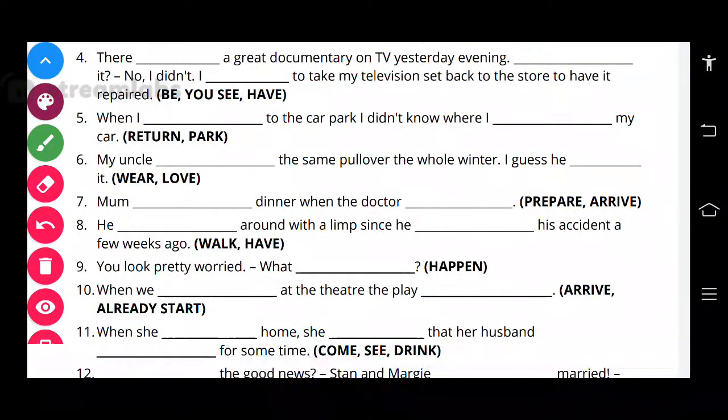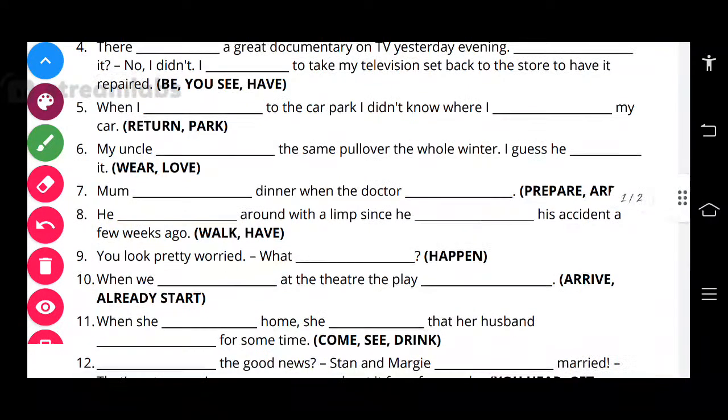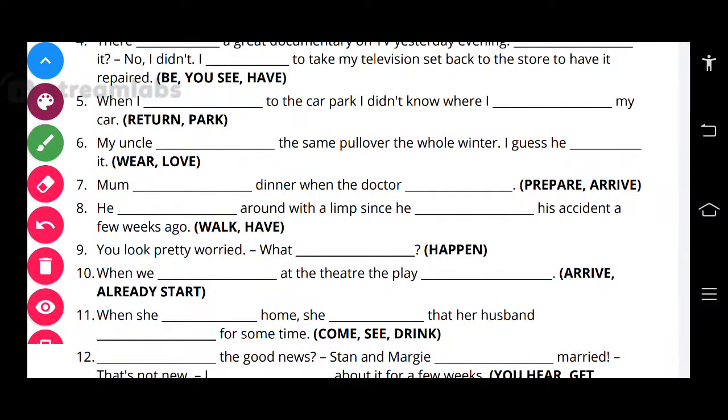Okay, right, let us see the 8th example: he dashed around with a limp since he dashed his accident a few weeks ago. Limp, L-I-M-P. Here since, S-I-N-C-E, is not a preposition.